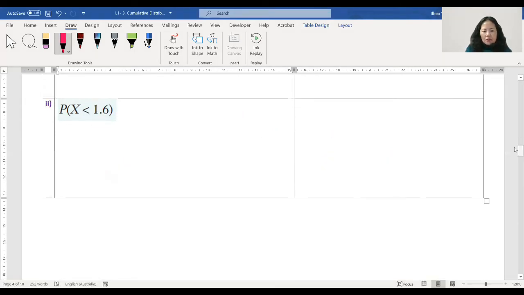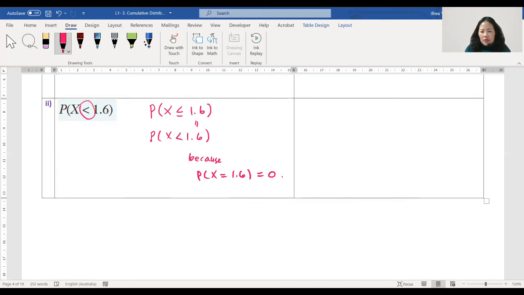Now, it doesn't really matter if it was less than or less than or equal to. I will tell you some more before, but it's going to be the same. Why? Because a single discrete value has no area, so it's going to be 0. So that's just 0, so it has to be the same.